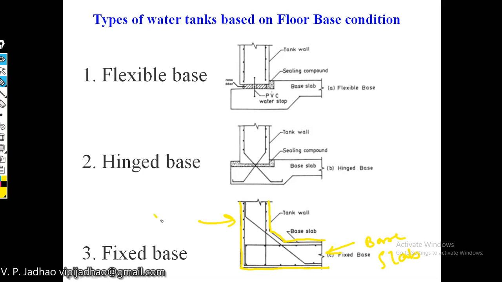We'll be casting these two members, wall and base slab, monolithically, meaning at the same time. And at the same time, we'll be extending the steel reinforcement of the wall into the base of your water tank.